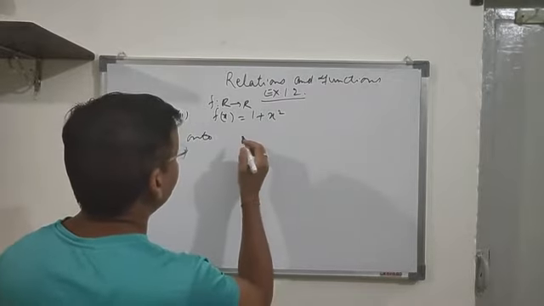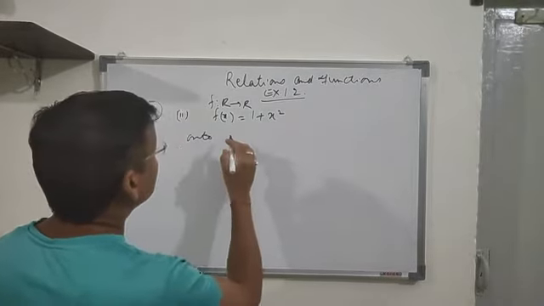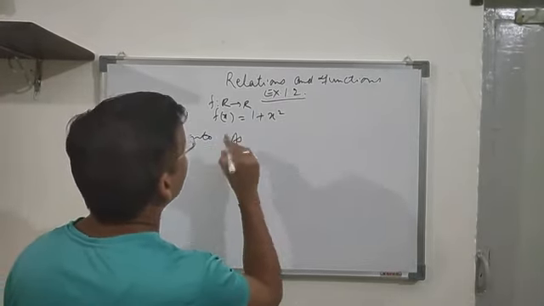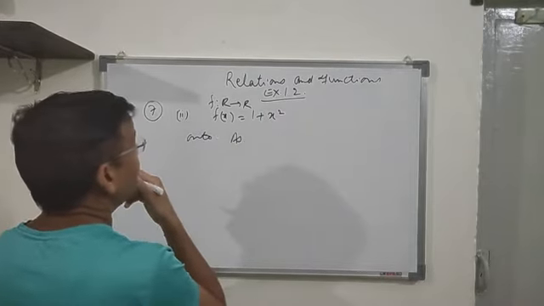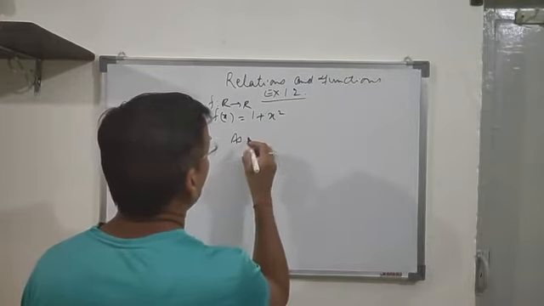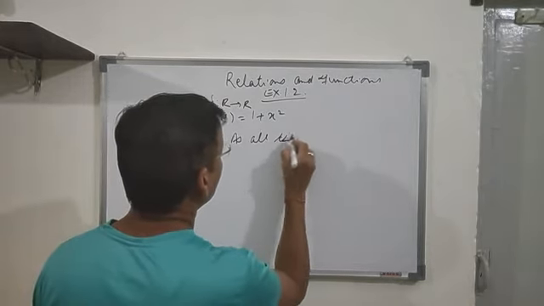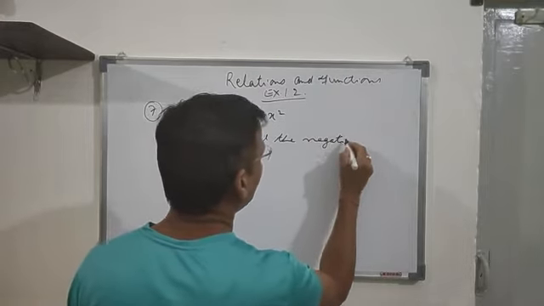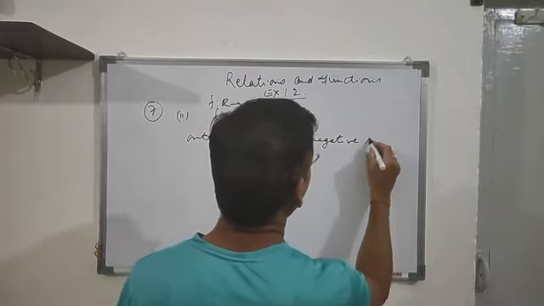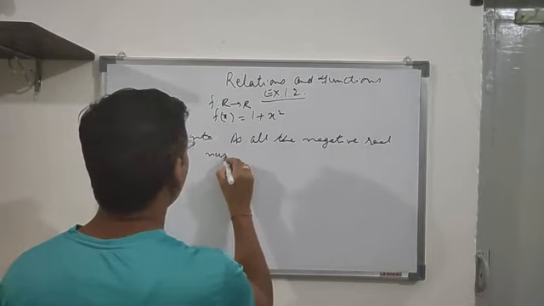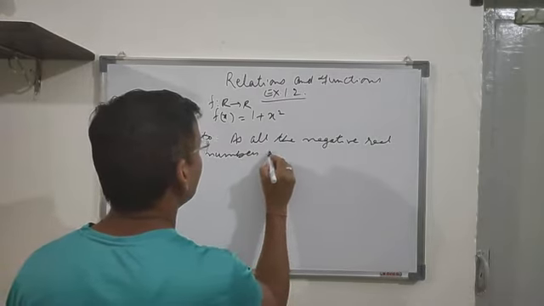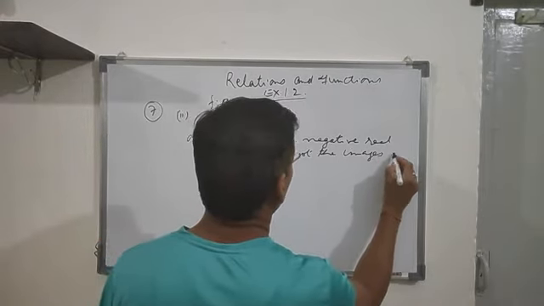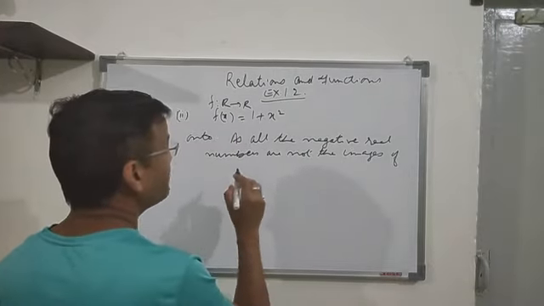You can show it here. You can give an example, or you can write the statement as: all the negative real numbers are not the images of all the real numbers.